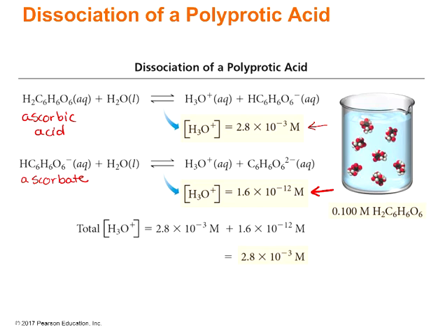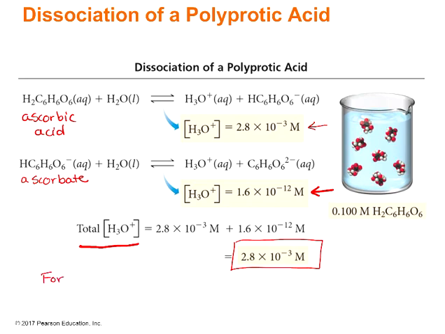However, if we add together those two hydronium ion concentrations to get the total hydronium ion concentration, we end up with 2.8 times 10 to the negative 3 plus 1.6 times 10 to the negative 12. And then that just equals 2.8 times 10 to the negative 3.